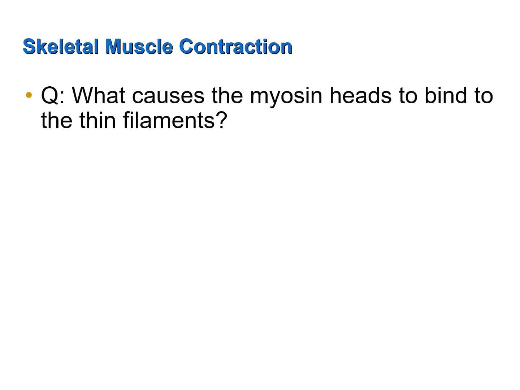So now that you know that the basis of skeletal muscle contraction is the interaction between the myosin heads and the thin filaments of the sarcomeres, the obvious question is, what causes the myosin heads to bind to the thin filaments in the first place?